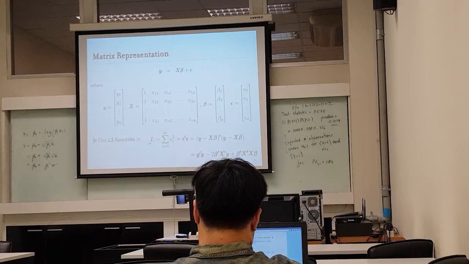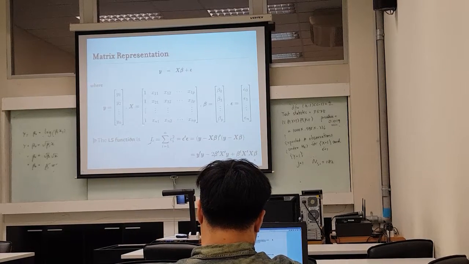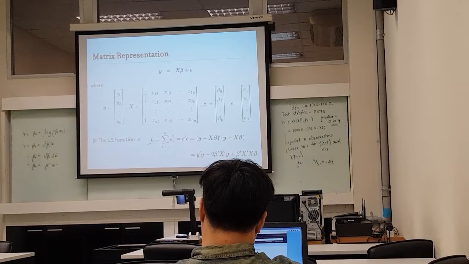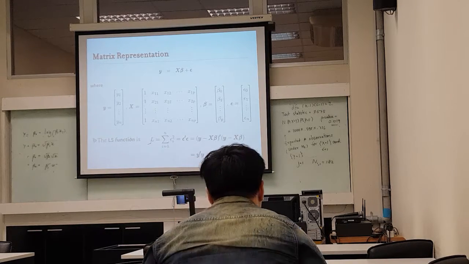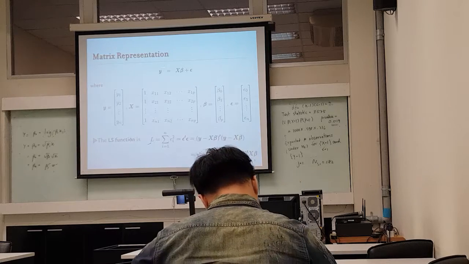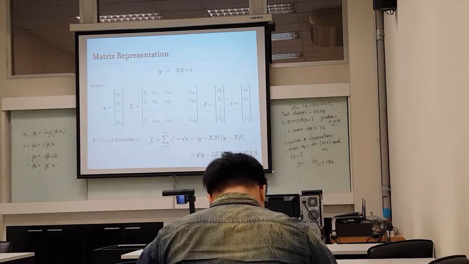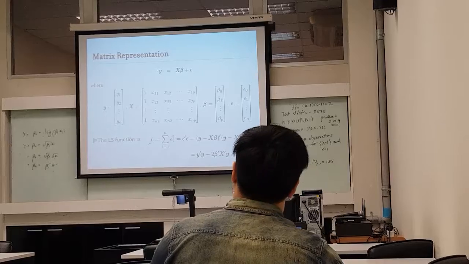In x, the first column is 1, and then you have the data for the first predictor, second predictor, and so on. Beta is a vector of coefficients, beta 0 to beta p, and epsilon is the vector of the error. This is a matrix formulation of the model from the observations.